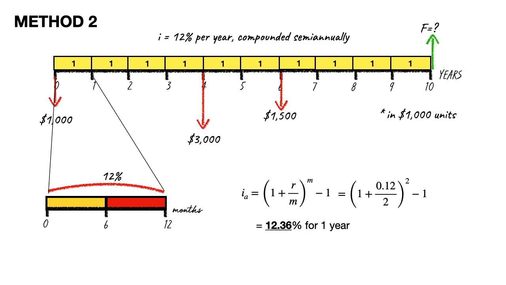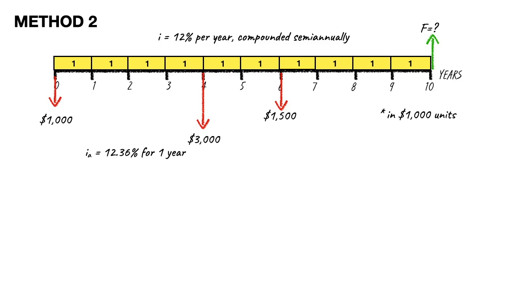Kalau tak faham, please WhatsApp me and ask. Okay, now the similar step, if you want to calculate the future worth, you have to convert all the present worth into an equivalent future worth. So for the $1,000, I multiply it with the FP factor, and then for the $3,000, I have to multiply it again with the FP factor, and also kalau nak convert that $1,500, multiply it with the FP factor.